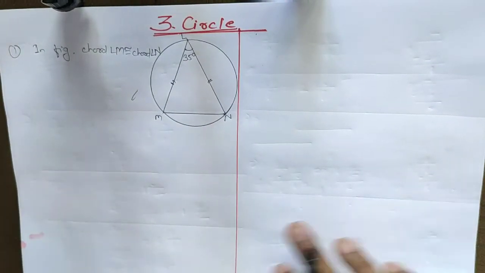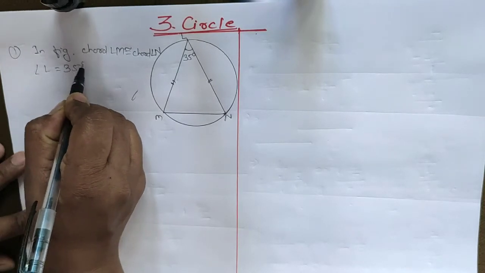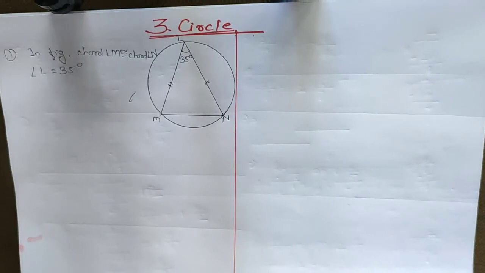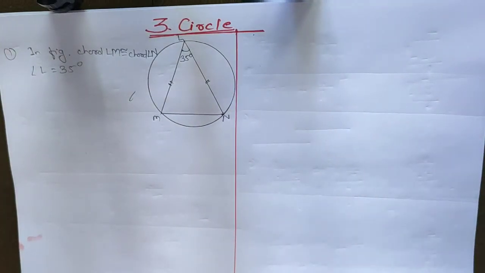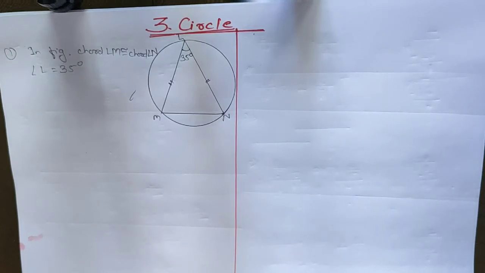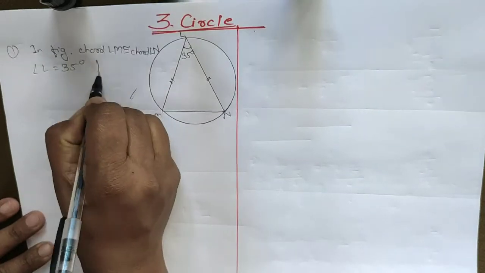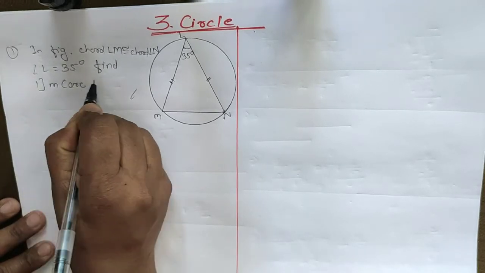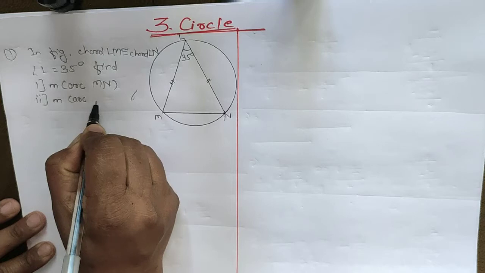Then angle L is equal to 35 degrees. And we have to find out first the measure of arc MN, and second the measure of arc LN.